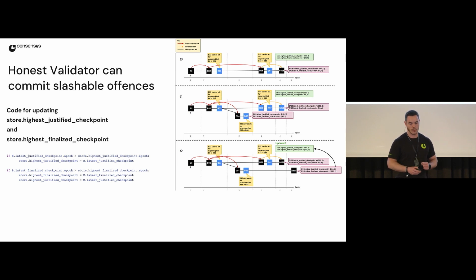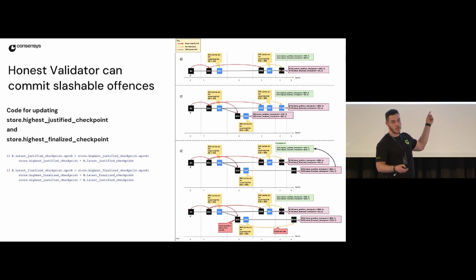If you apply it to this scenario, because you receive B160, where the latest finalized is B32, which is higher than before, you update both, meaning that the latest justified, which was before B96, moves back to B64.